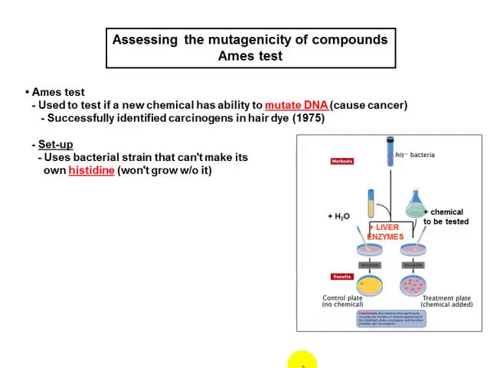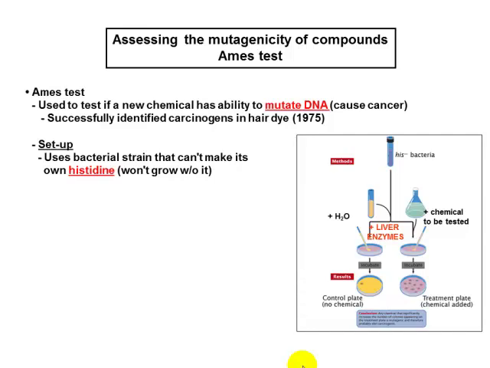Now after you grow this bacteria with this chemical present, you put it in a plate that does not contain histidine. Now why? I just said that bacteria cannot grow in the absence of histidine. So why are you putting it in a plate that doesn't have histidine? The bacteria needs it to grow.